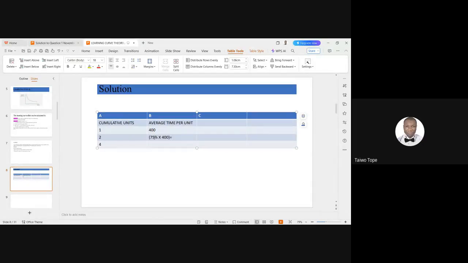We'll have it as 300. This will be the average time per unit to produce the second unit.